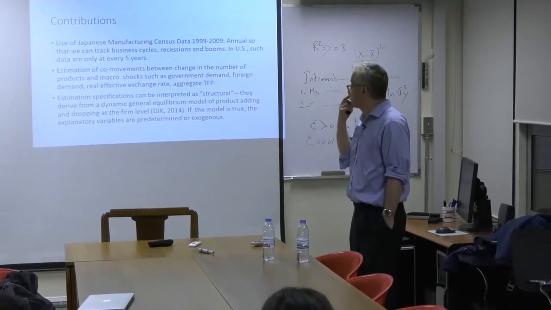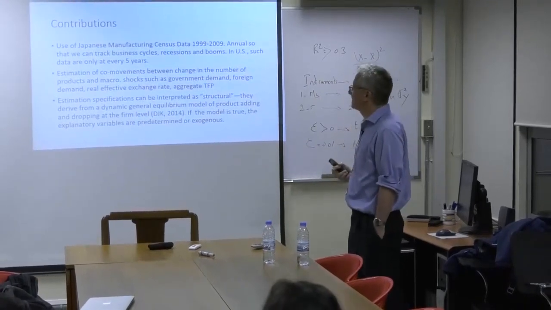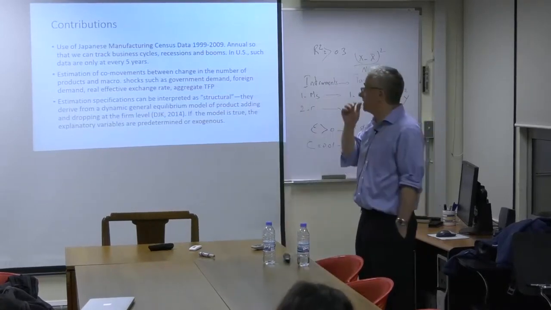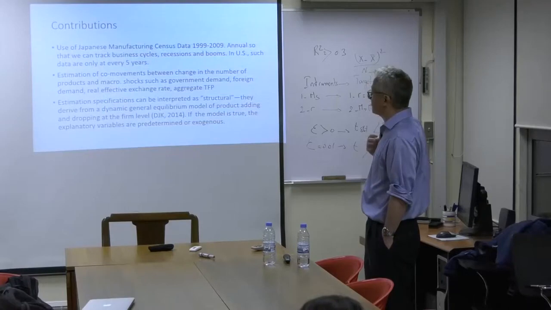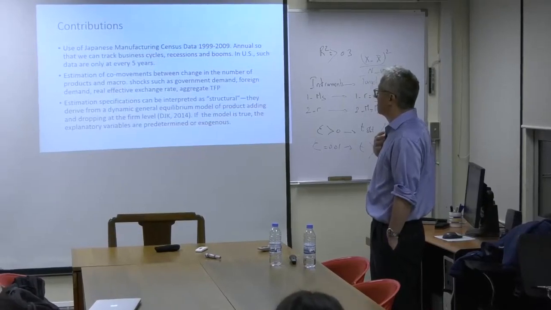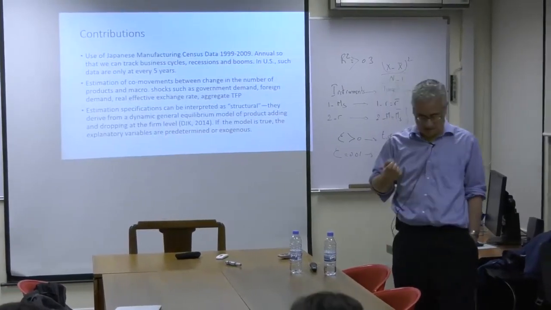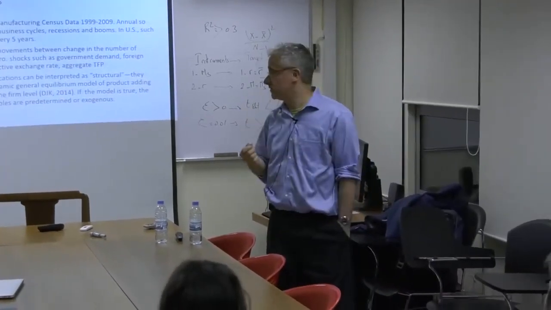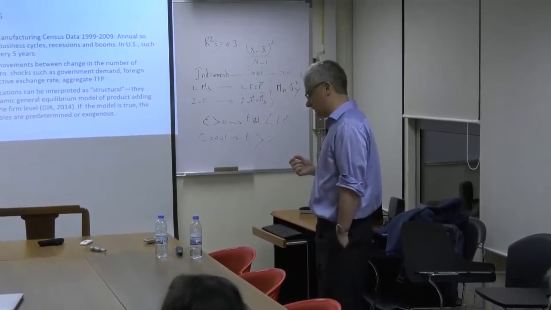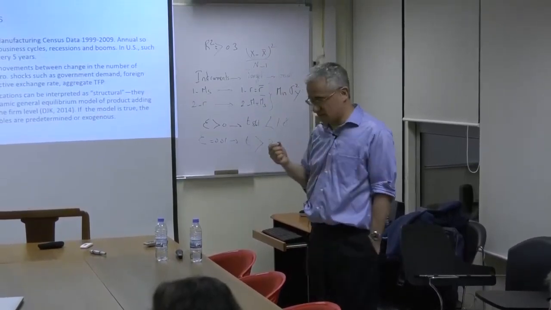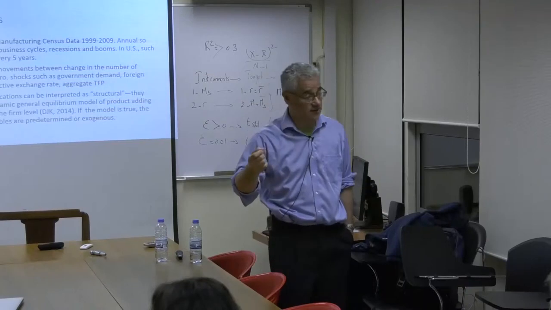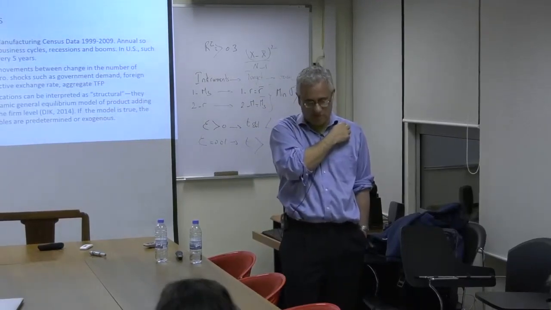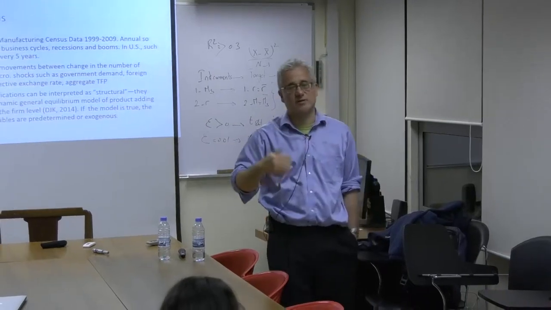The contribution is, you can't do this kind of work on U.S. data, because what you need is the number of products by firm every year, annually. In the U.S., you can only get the number of products by firm every 5 years.